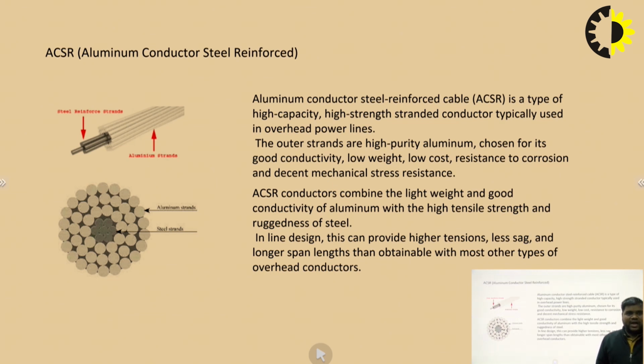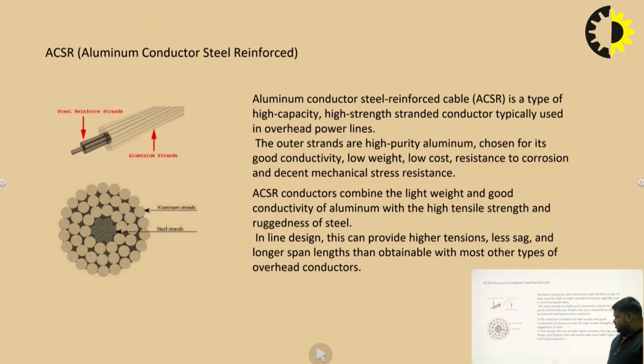These conductors combine the light weight and good conductivity of aluminum with the tensile strength and rigidness of steel. In line design, this can provide higher tension, less sag, and longer span lengths than are optimal with most other types of overhead conductors.